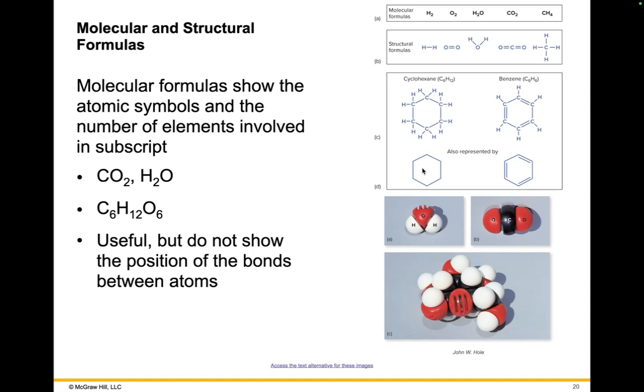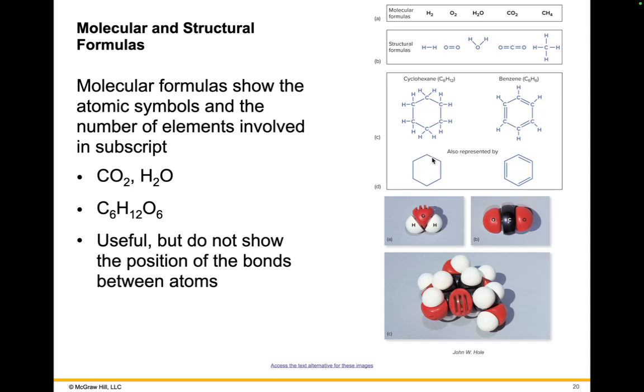And what trend you'll see is usually, carbon always has to have four bonds to become stable, four covalent bonds. So this carbon has 1, 2, 3, 4. This carbon has 1, 2, 3, 4. This carbon has 1, 2, 3, 4. And so this corner is a carbon, this corner is a carbon, so it's attached by a bond there.